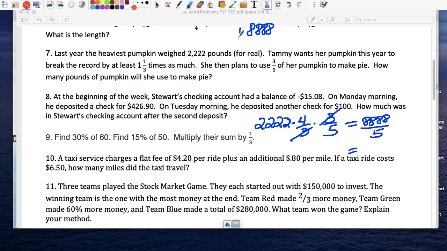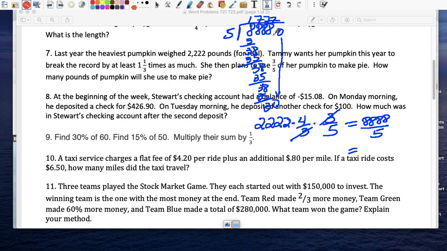8,888 divided by 5. It's 1. 5, 38, which is going to give me 7. 35, 38 is going to give me 7 again. 35 and 38 is going to give me 7 again. 35, and then, oops, somebody's not doing their math correctly. 35, and then 30, and then I'm going to bring a 0 down, right?